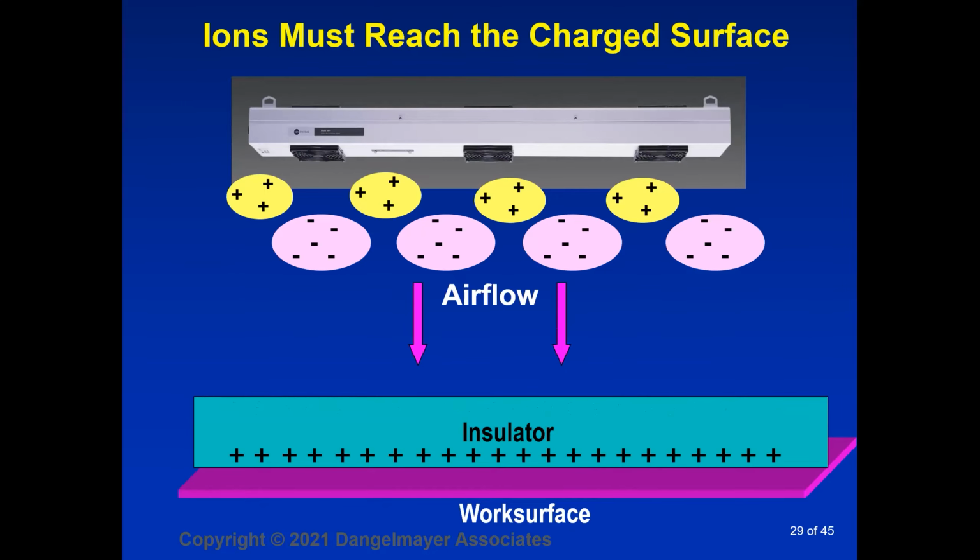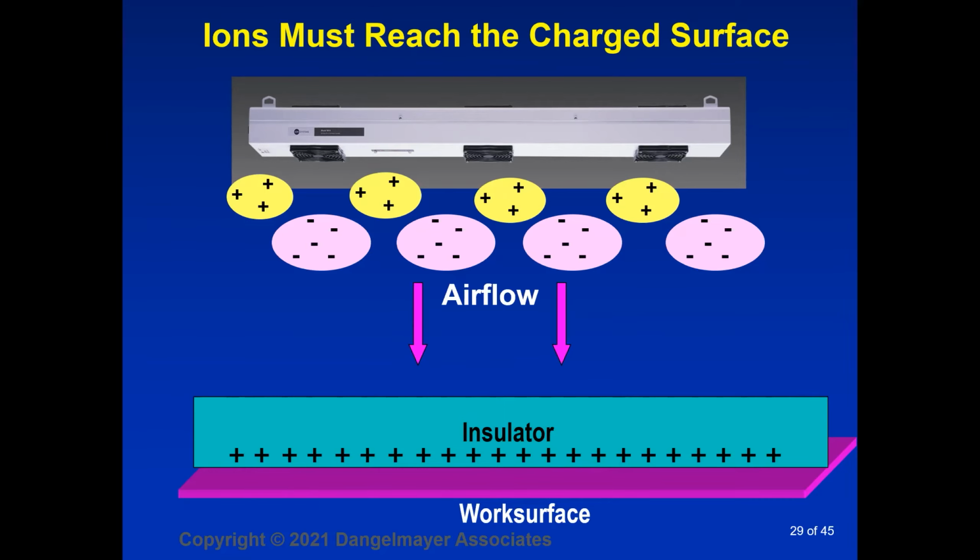It brings the air down to the charged object on the work surface and neutralizes the charge on the surface. However, it can't get to the charge on the side of the insulator that's lying on the work surface. And remember, I said you can't discharge the insulator by contact with ground, so it doesn't matter what that work surface is made of, that charge is not going to go away from the insulator.